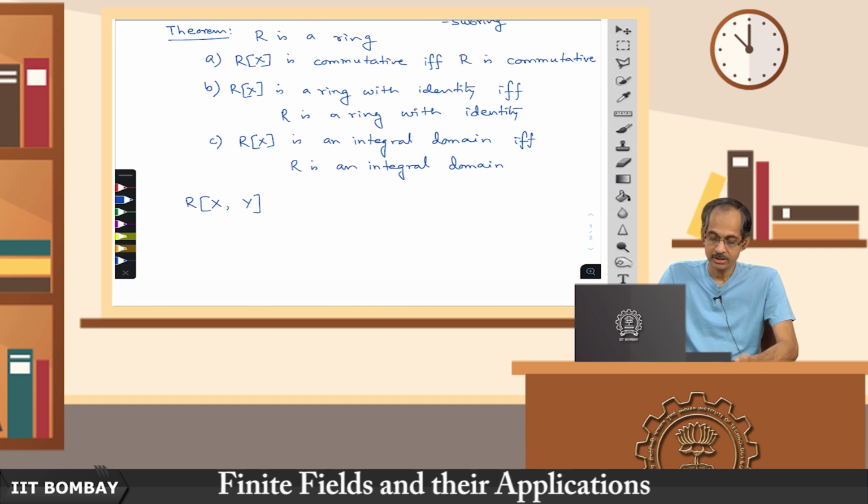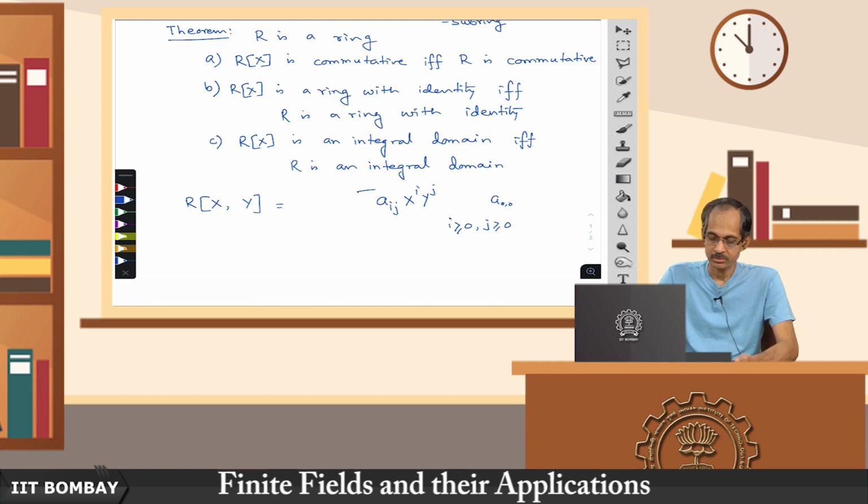It will have a constant term a_00, and then all other terms are of the form a_ij x^i y^j, where i is greater than or equal to 0, j is greater than or equal to 0.